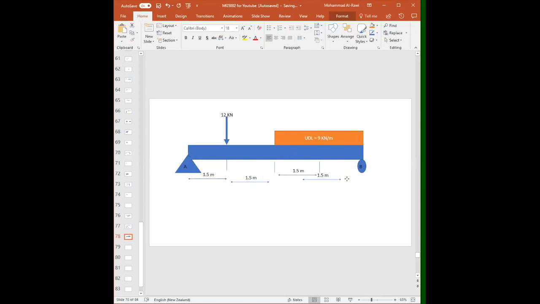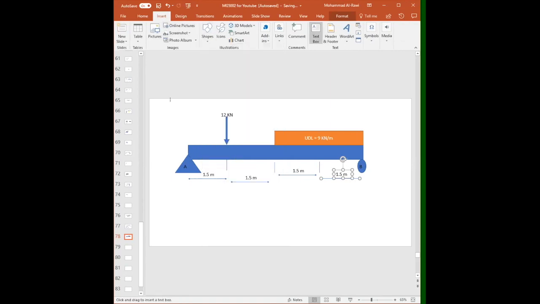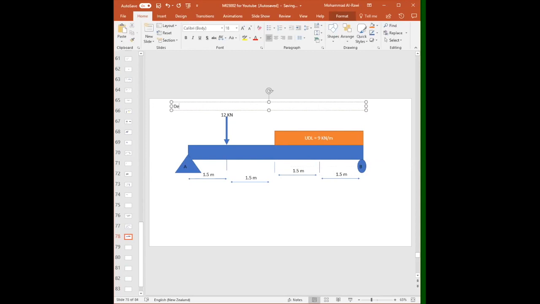The question will be asking you, I'll type it for those who can't hear me very well: determine the normal force, which we call shear force, and moment at point C. That's a very good one. If you can try.